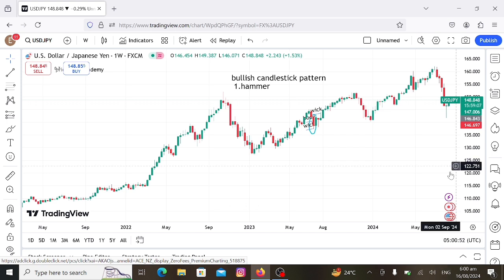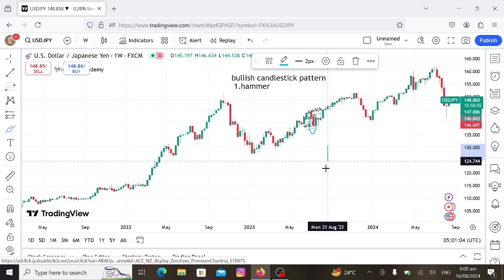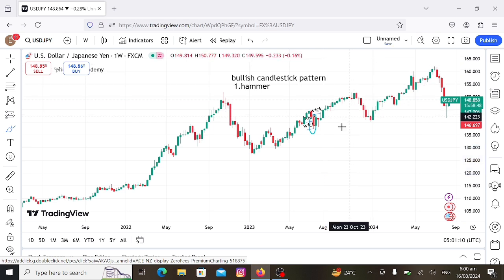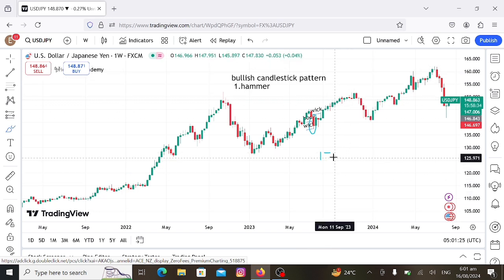So this is how a hammer looks like. Something like this.